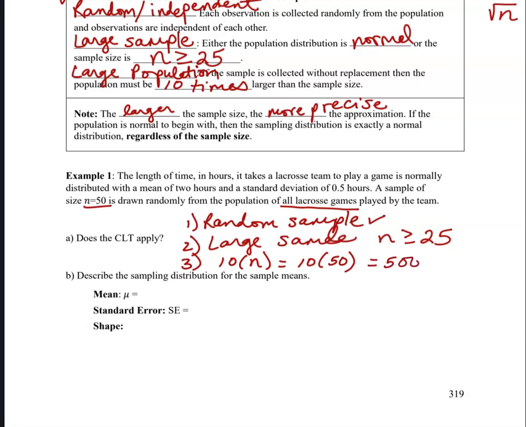They are certainly not playing 500 games in one season. I think they'd be exhausted if they did that. We'll assume over all of the years that they've been playing lacrosse, they've played more than 500 games. This is not a new team. They've been around forever. So we'll say that condition is met.